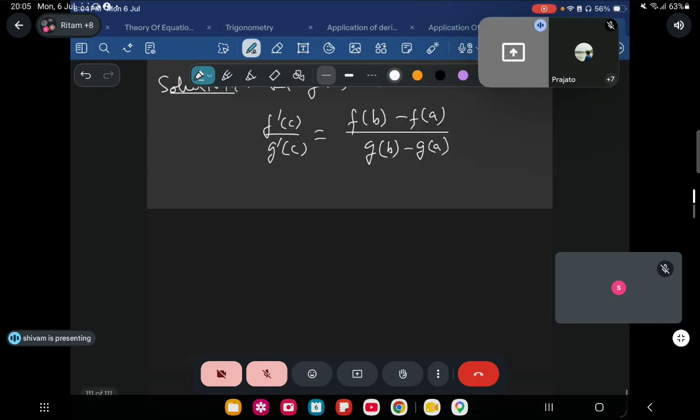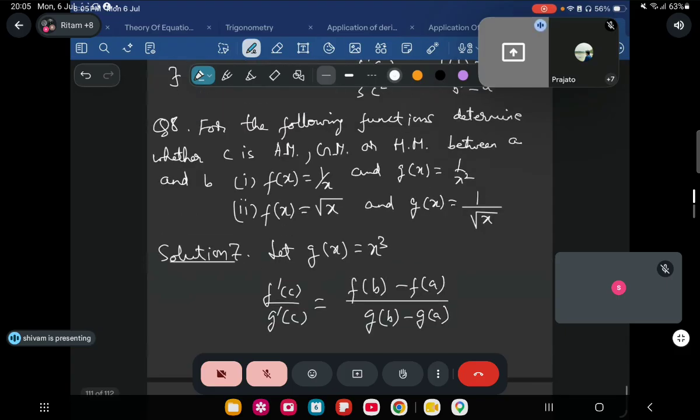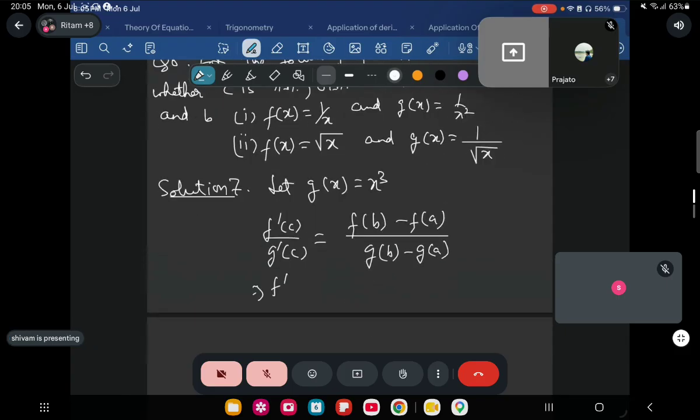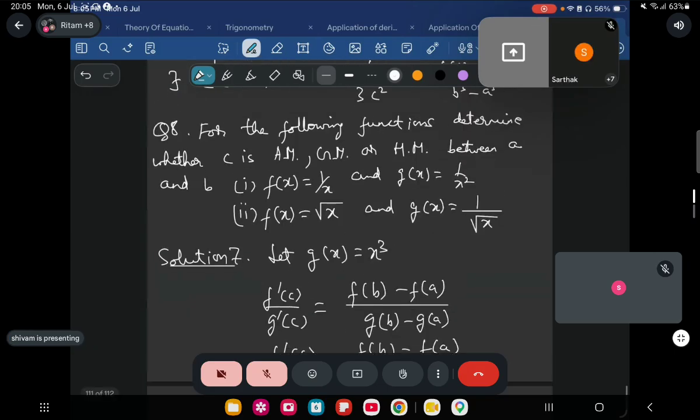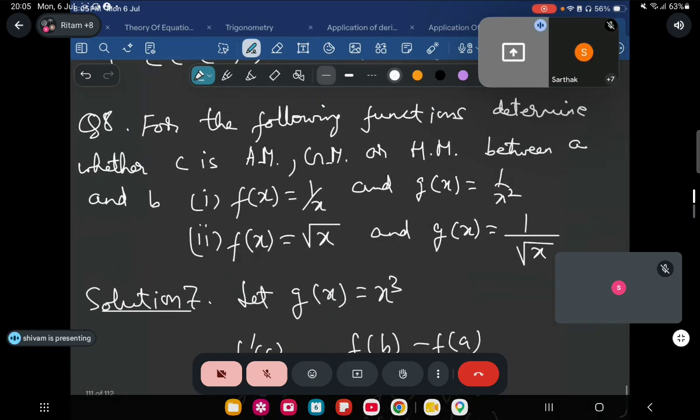So this will give us f dash c by 3c square equal to f of b minus f of a upon b cube minus a cube. Is it clear, Sarthak? Yes. Next one, solve.